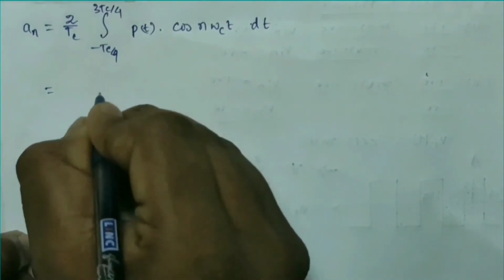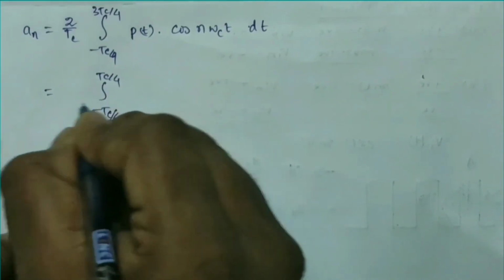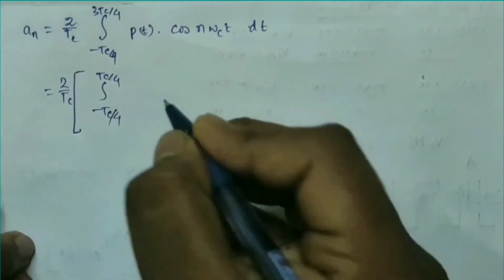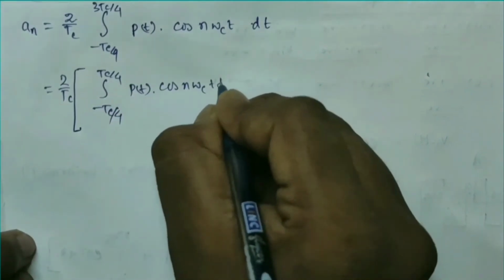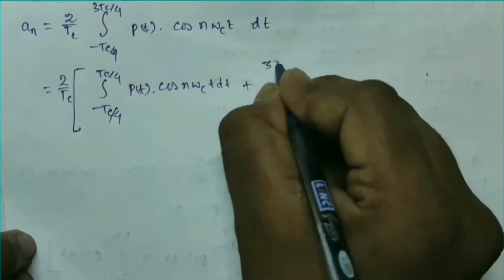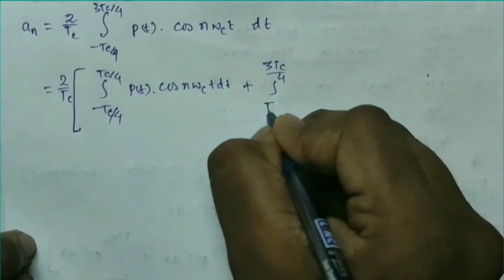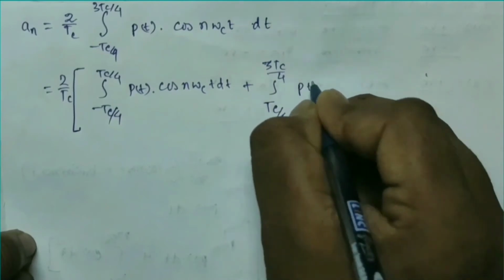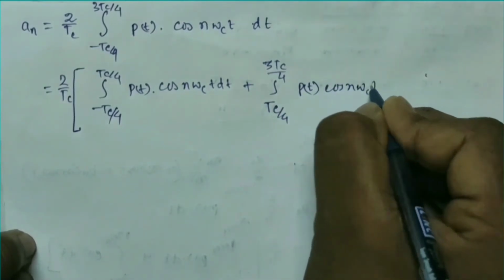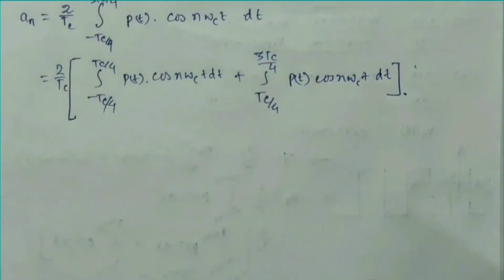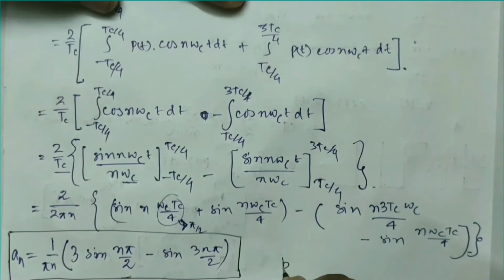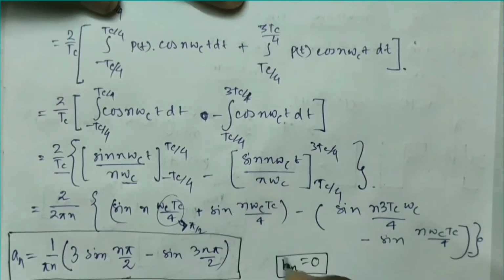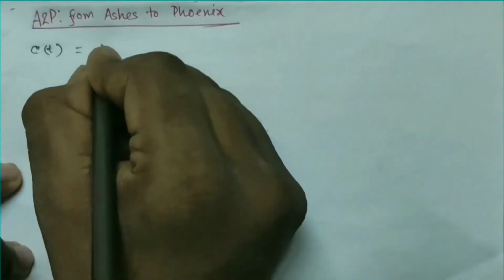So minus Tc upon 4 to Tc upon 4 Pt cos n omega ct into dt plus Tc upon 4 to 3 Tc upon 4 Pt cos n omega ct into dt. And after solving this mathematically, we will get this, and since it's an even function, Bn will be 0.